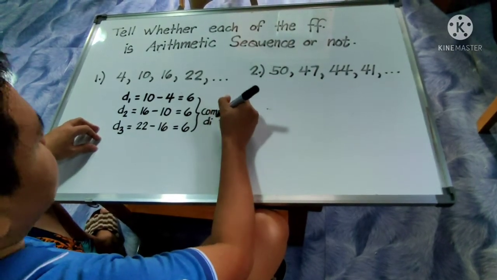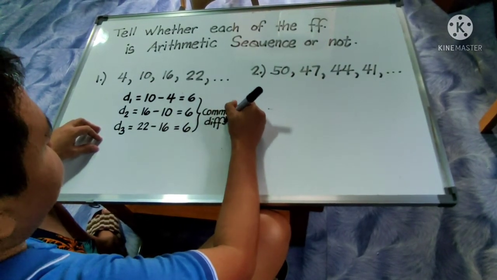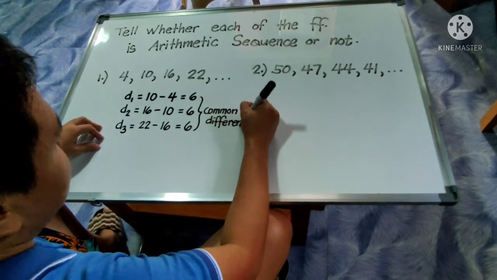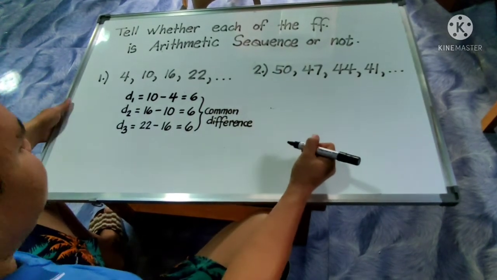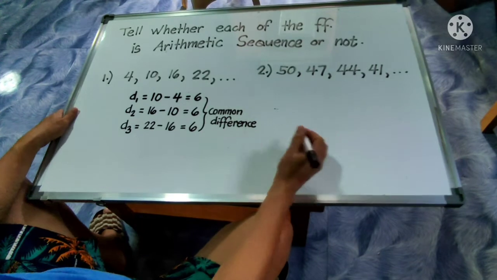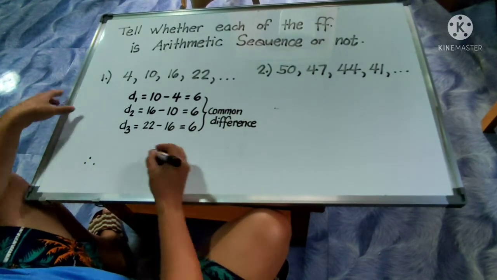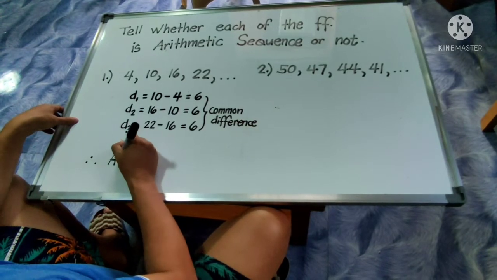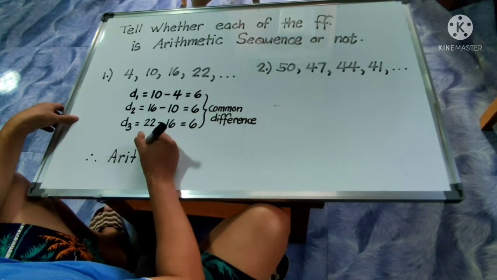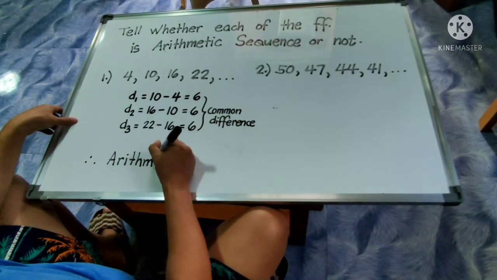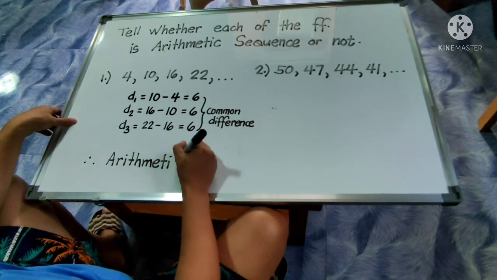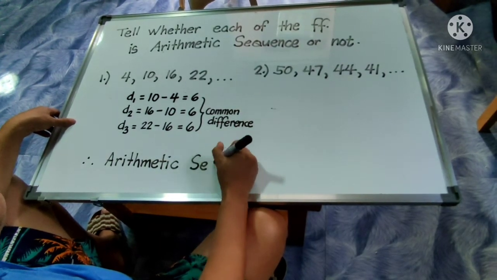A difference that is true, or a difference that is the same all throughout. So that is what we meant by common difference. Therefore, we can say that number 1 is an arithmetic sequence.